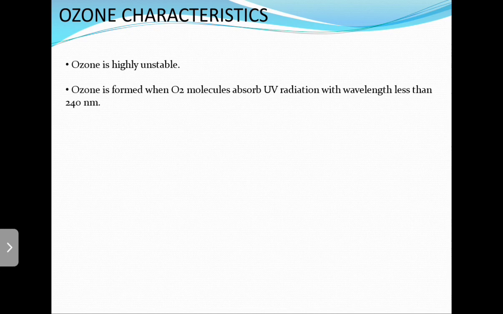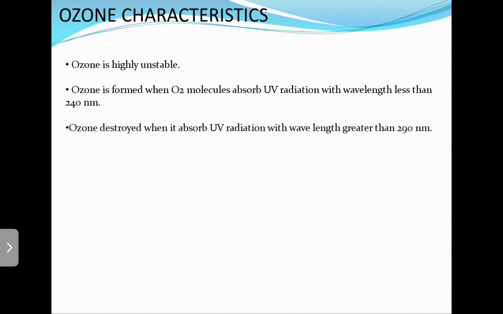Again I am repeating here that ozone is formed when an oxygen molecule absorbs ultraviolet radiation with wavelength less than 240 nanometer, and ozone is destroyed when it absorbs ultraviolet radiation with wavelength greater than 290 nanometer. So you see in both processes ozone forms and is destroyed due to the absorption of ultraviolet radiation. So it is highly unstable, so we have to protect it.